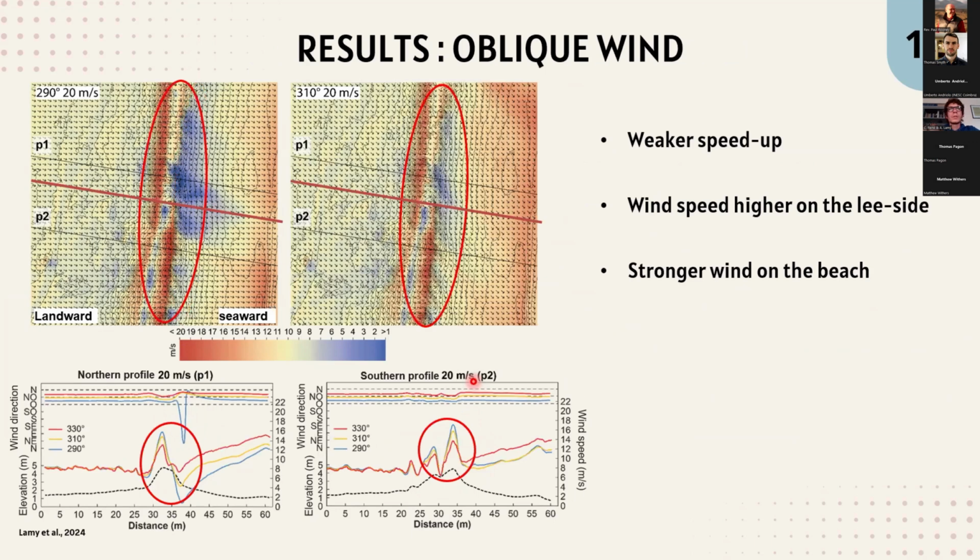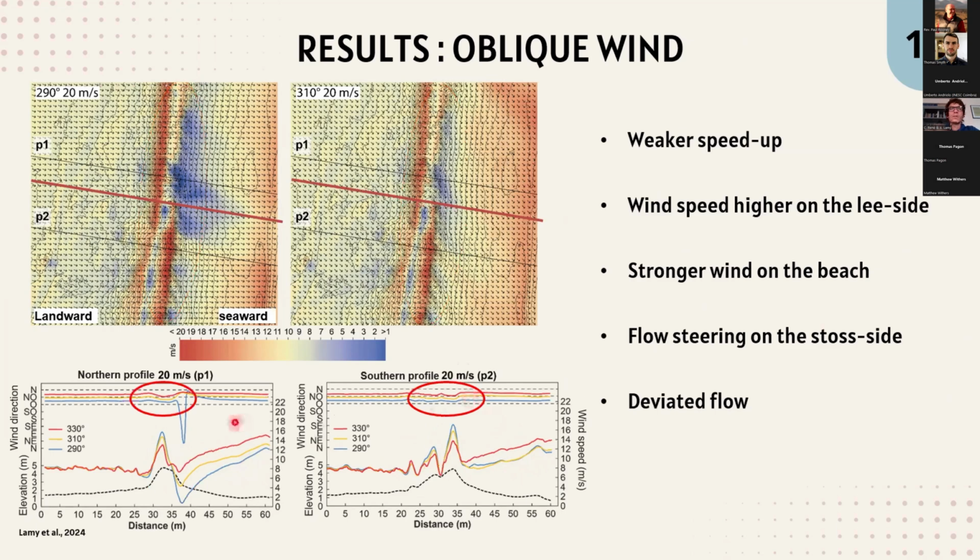Concerning the oblique wind now, we can see that there is a weaker speedup on the dune the more oblique the wind is, in both cases, on the northern and southern profile. We also see the more oblique the wind is on the beach, the higher the wind speed is on the beach for both profiles.